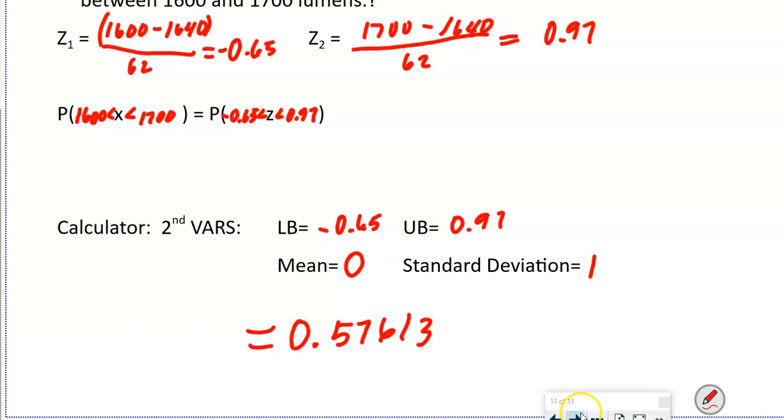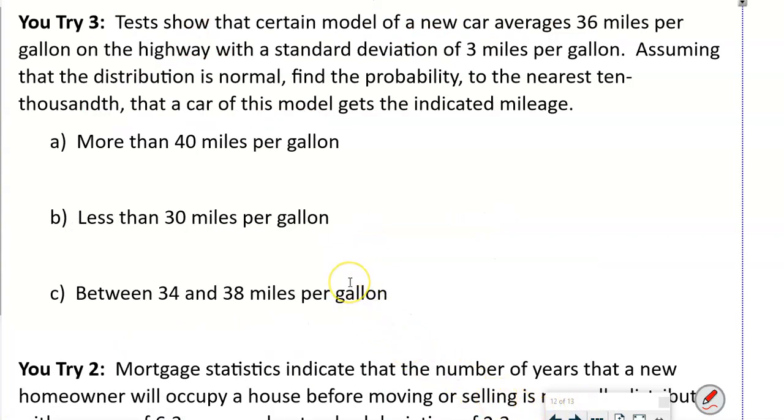All right, we got a couple more to do. On our You Try 3, it says tests show that a certain model of new car averages 36 miles per gallon on a highway with a standard deviation of 3 miles per gallon. Assuming that the distribution is normal, find the probability to the nearest 10,000ths that a car of this model gets the indicated mileage, okay?